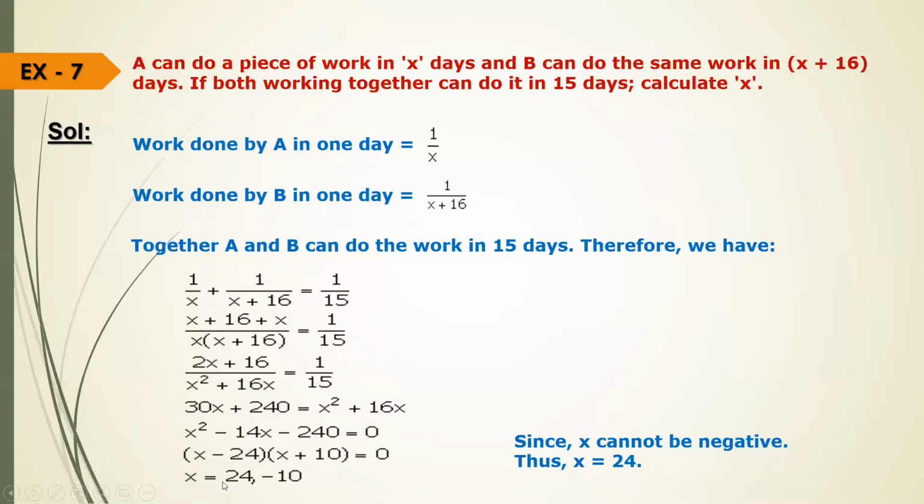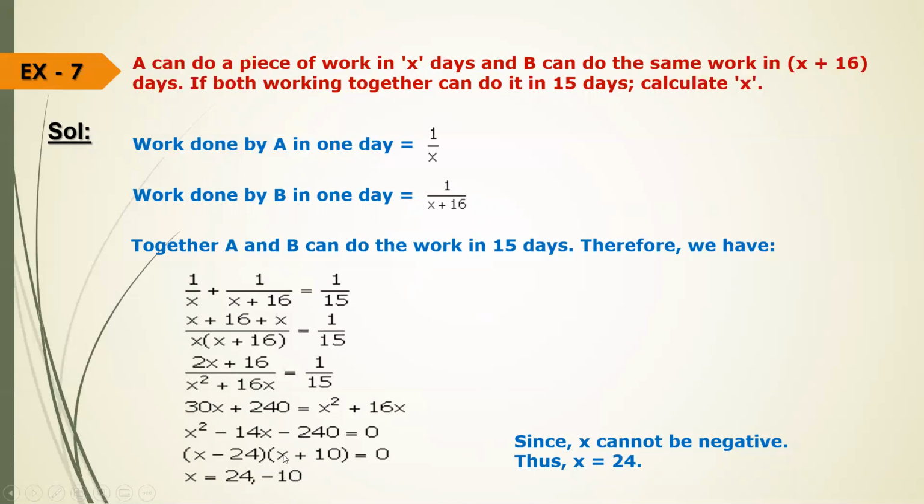Solving by splitting the middle term, you have learned well till now. Here again two values of x we are getting, 24 and minus 10. And what was x? x was the piece of work done in x days, means x is the number of days, and the number of days cannot be negative.